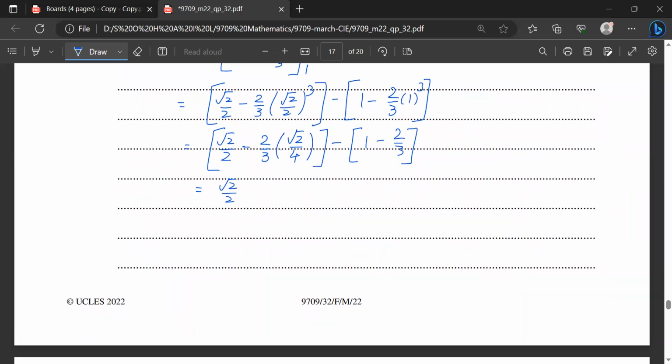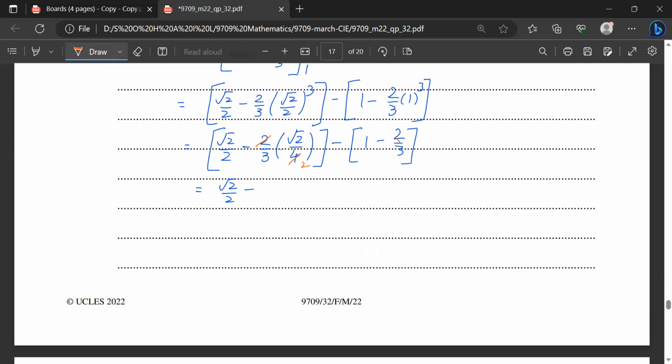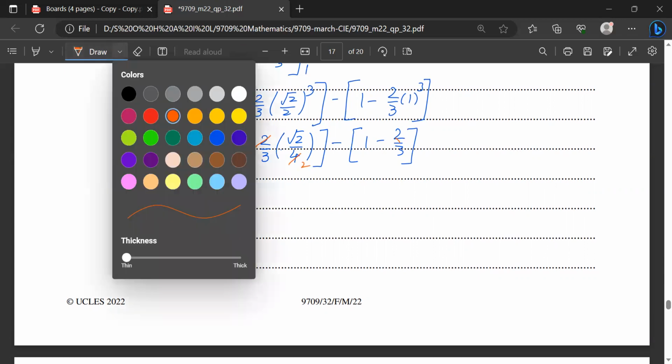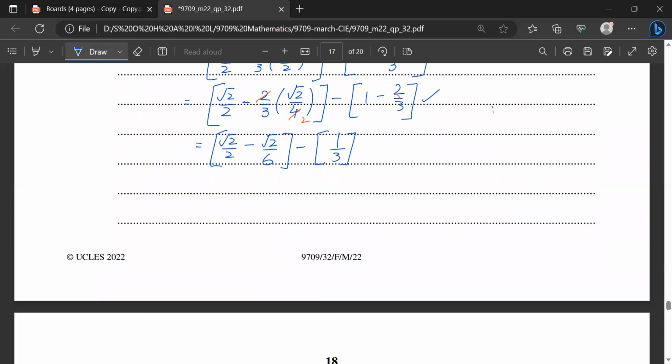Root 2 over 2 minus, you can simplify, 2 times root 2 over 4, we have root 2 over 6 minus 1 over 3. Simplify further, you can use a calculator.